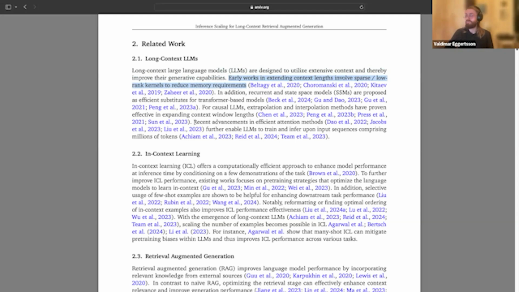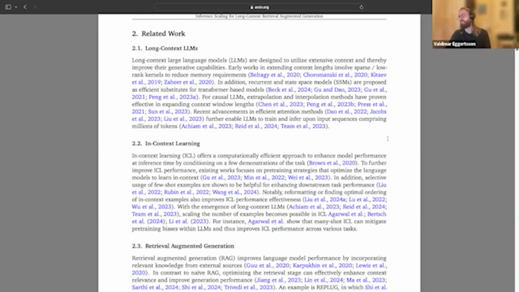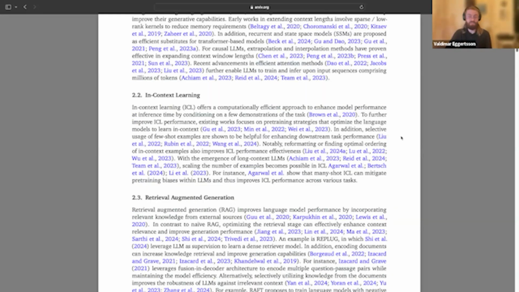And recent advancements in efficient attention methods further enable them to train and infer upon input sequences comprising millions of tokens. So I would love to understand how they managed to get away from this quadratic memory complexity. That's how we can read the whole book or read a sequence of the genome, like genetics strings. Very interesting applications of it.